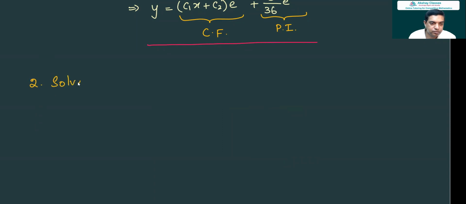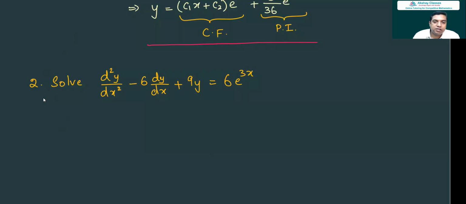Solve d²y/dx² - 6 dy/dx + 9y = 6e^(3x). Solution.